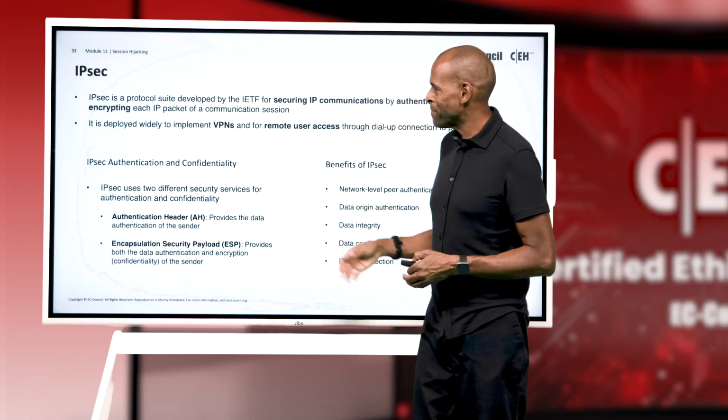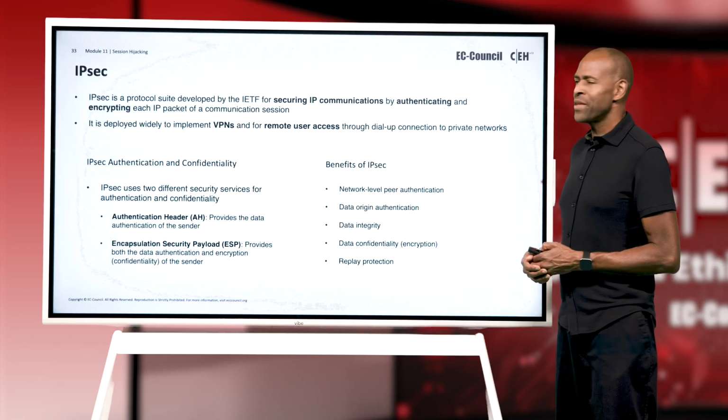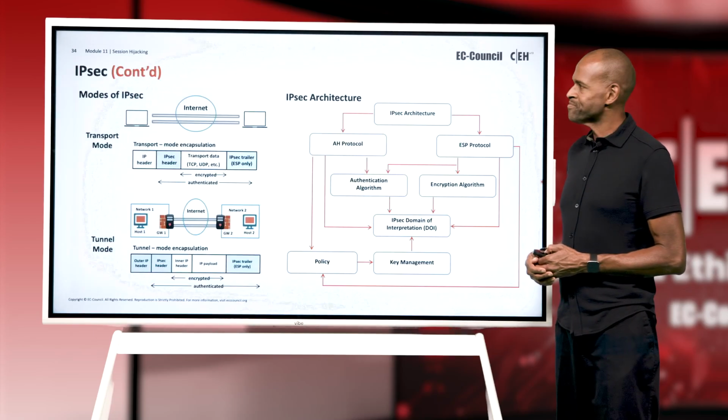Yeah, you can actually do that. But that's the authentication and encryption: network peer authentication, data origin authentication, data integrity, confidentiality, replay protection. All of that are some of the benefits that IPsec can provide for you.